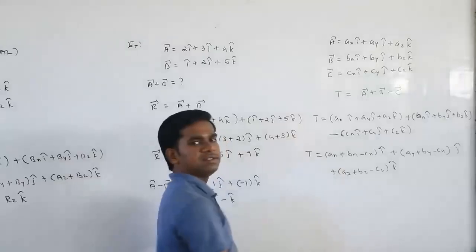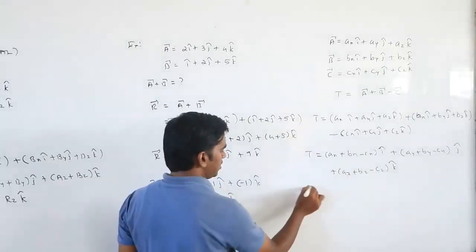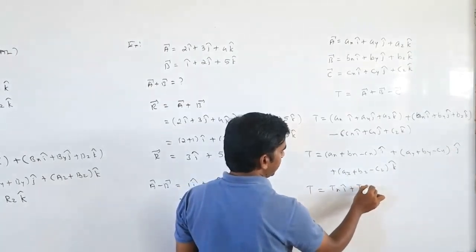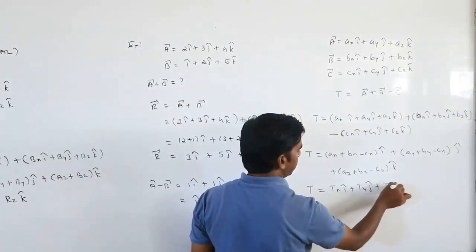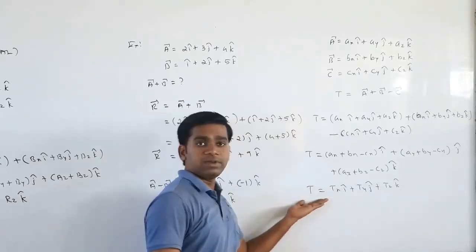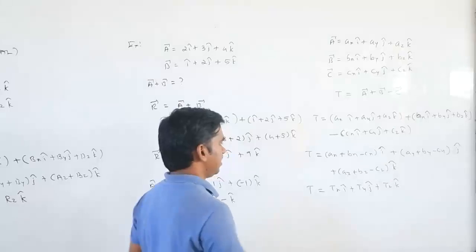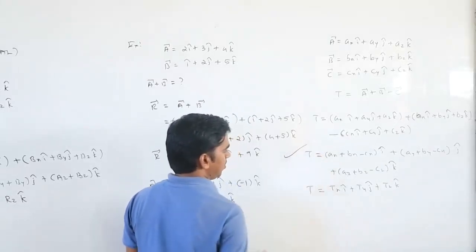So this is going to be your answer. In general you can write it as tx i cap plus ty j cap plus tz k cap. They will not ask this general form, I am just writing it in general.